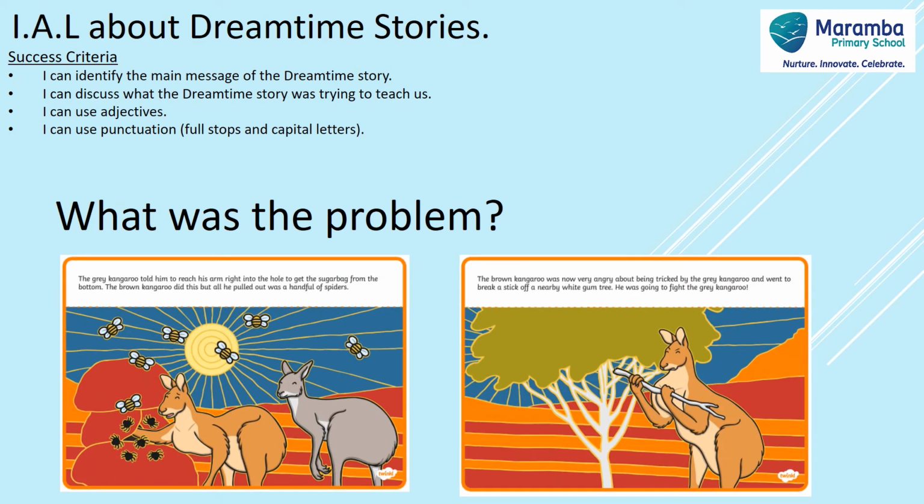Do you remember when the brown kangaroo was trying to get the sugar bag but couldn't get it? And do you remember that the brown kangaroo got very angry because he was being tricked by the grey kangaroo, who was being quite selfish? And that resulted in them having an argument where they had a fight with their sticks.